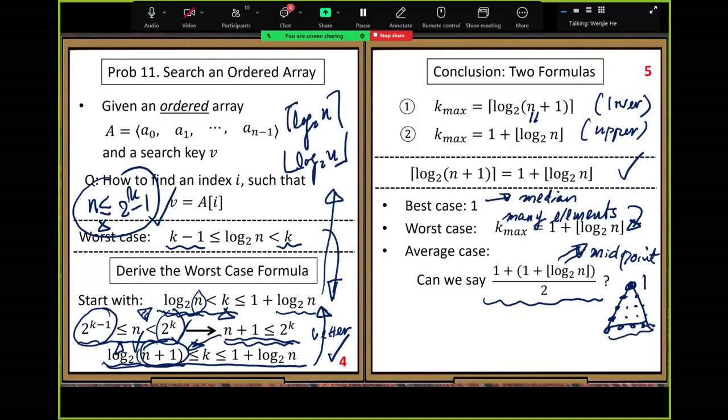So the distribution of different cases is like a triangle shape, a binary tree. The distribution of the data is not even across all the levels. Only when the data distribution for all the levels is even can you use this midpoint formula.